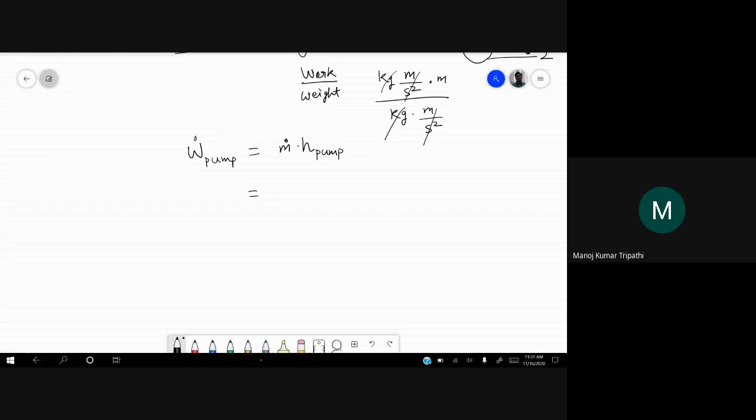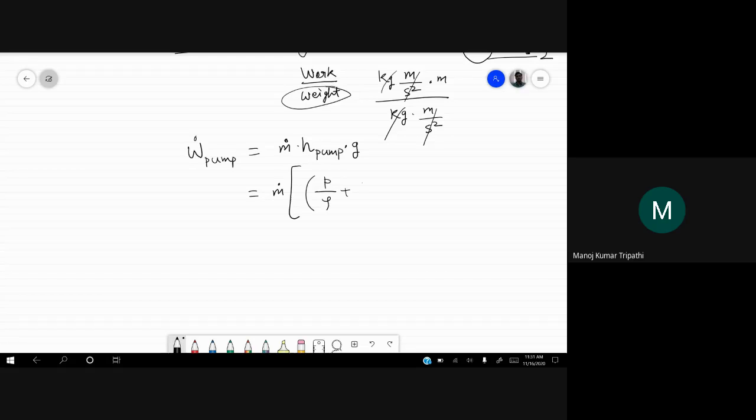And you can write this as m dot. Okay, sorry, there has to be a gravity term also, because we have weight here, that will be mg. So I have to write in terms of pressure, velocity, and z.